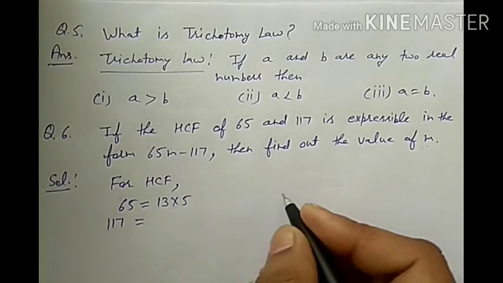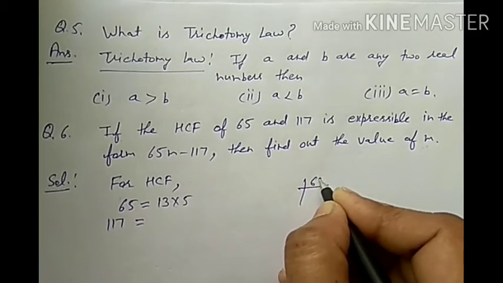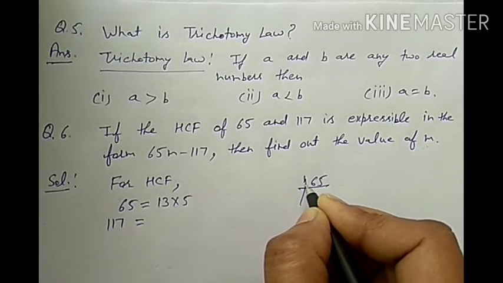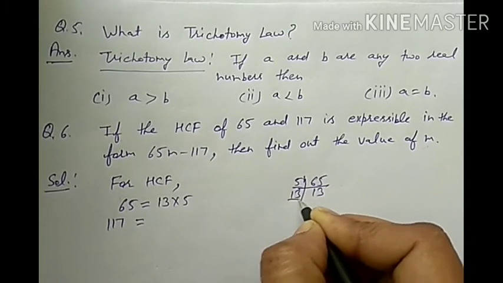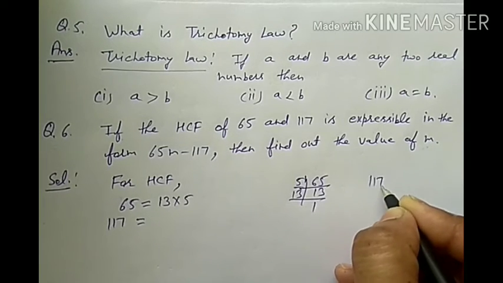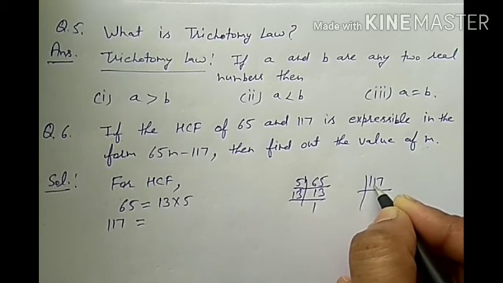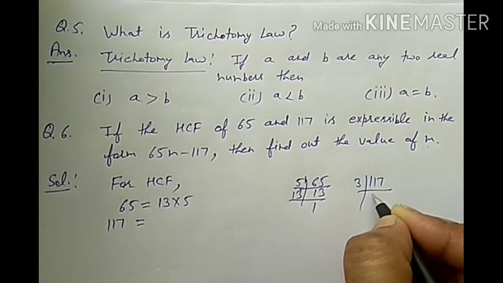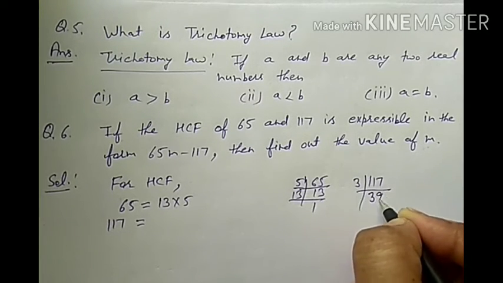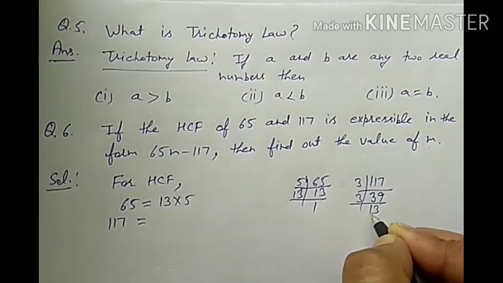117, you can do prime factorization. 7 plus 1, 8 plus 1, 9. It is divisible by 3. 3 3s are 9, 3 9s are again by 3, and 13.